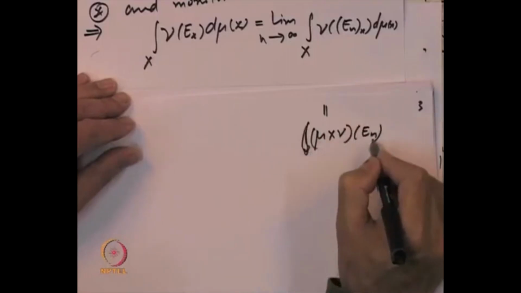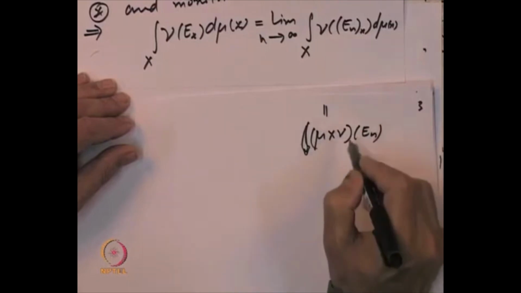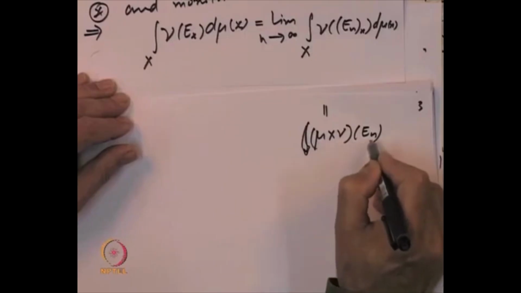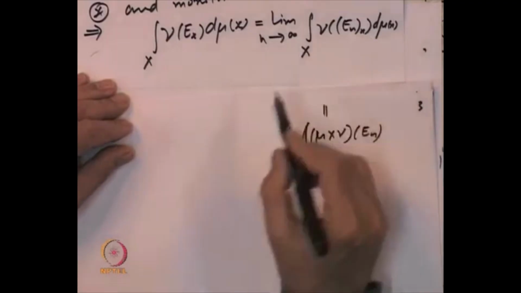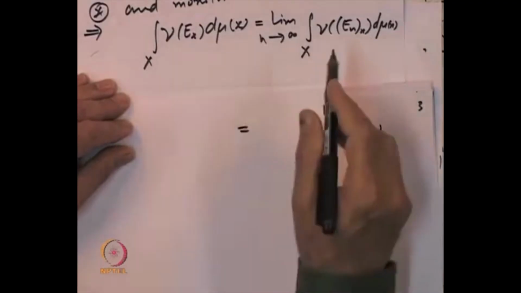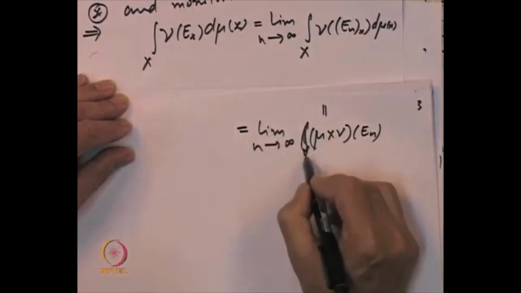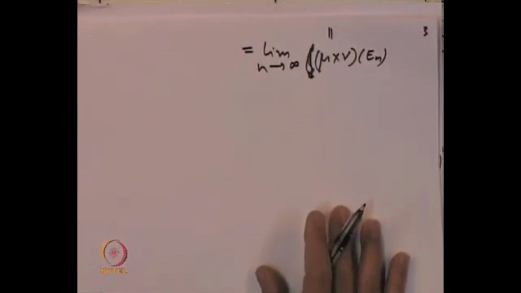So, that is because E n belongs to the class P. So, by the third property of that collection of sets in P, that means mu cross nu, the product measure of E n, is the integral of the sections with respect to x. So, we can say that this integral is equal to limit n going to infinity of mu cross nu of E n. So, once that is true, we want to look at this limit.